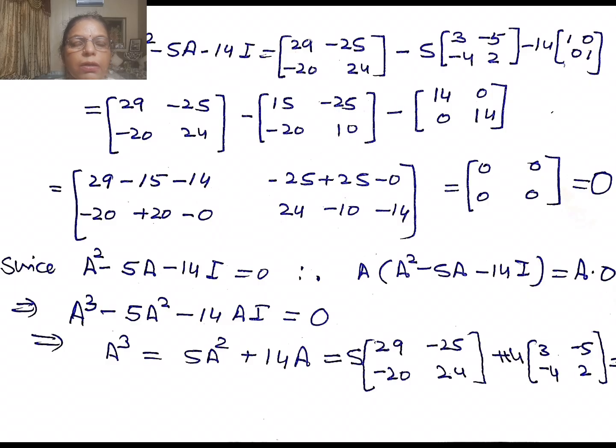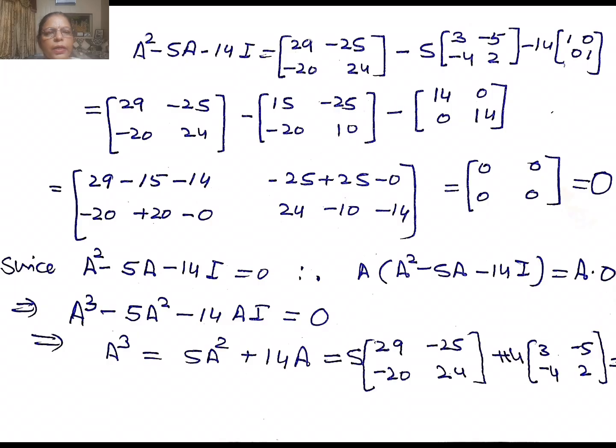Now transposing the two terms, we get A cubed is equal to 5A squared plus 14A. Now substituting the values of A squared and A, we get 5 into [29, -25; -20, 24] plus 14 [3, -5; -4, 2].